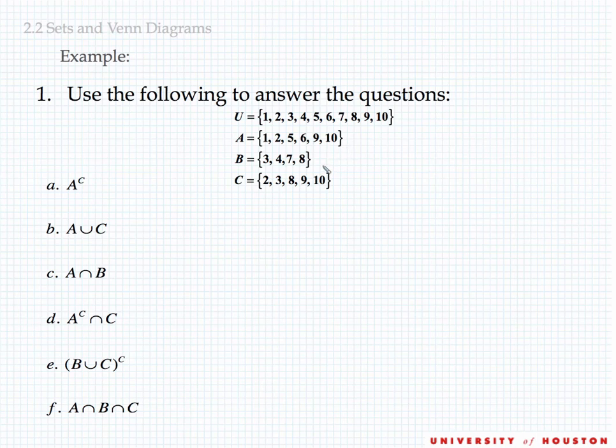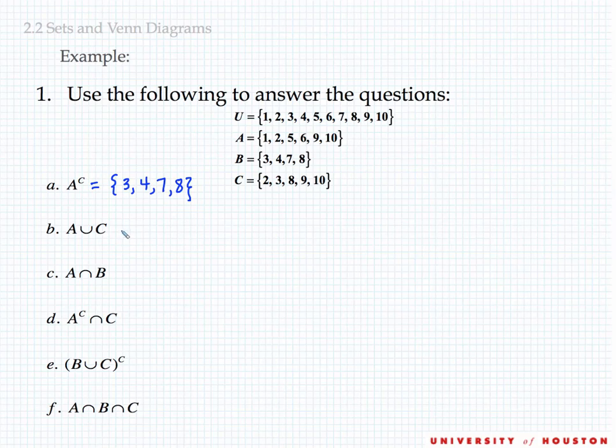B consists of 3, 4, 7, and 8, and the set C consists of 2, 3, 8, 9, and 10. The complement of A would equal all the elements that are in the universal set but not in A. This would consist of 3, 4, 7, and 8.